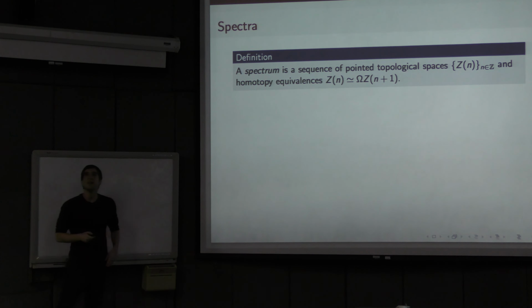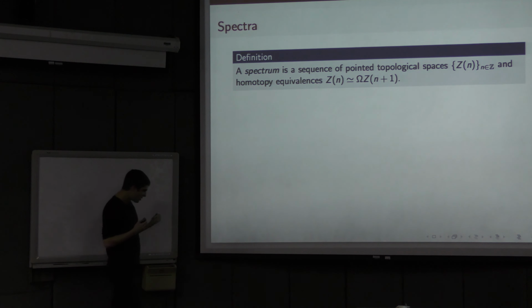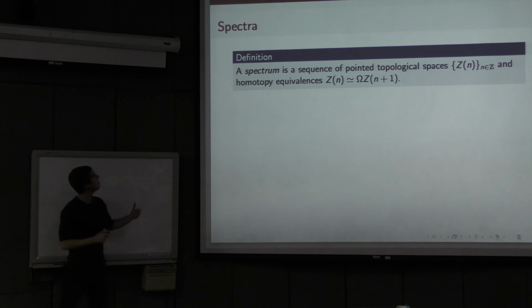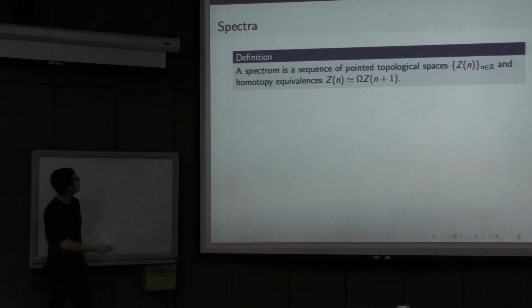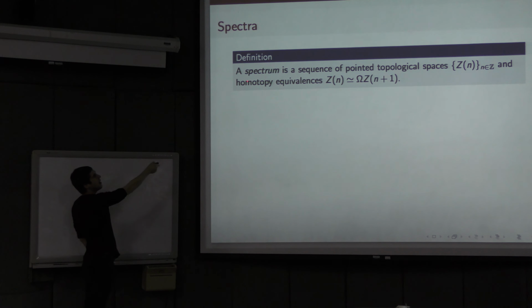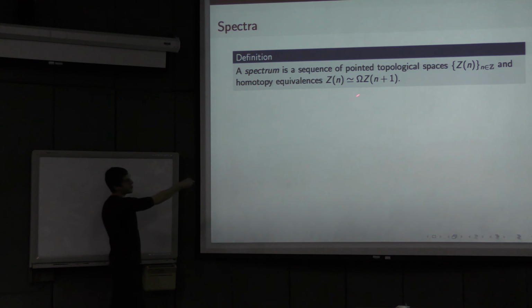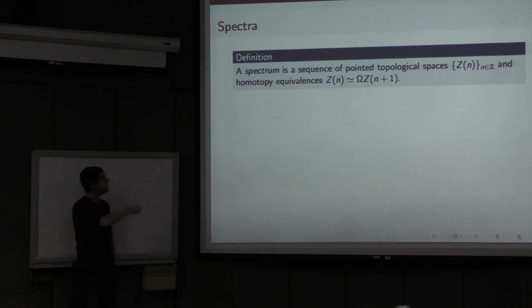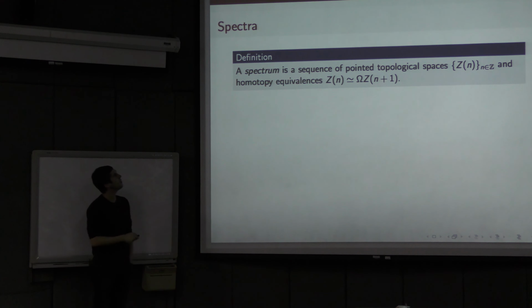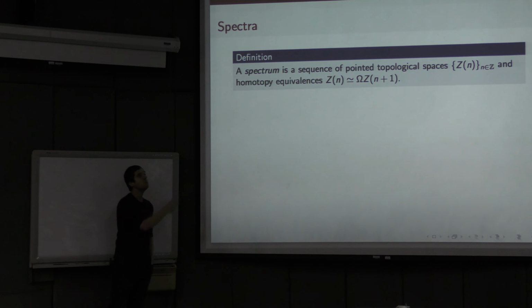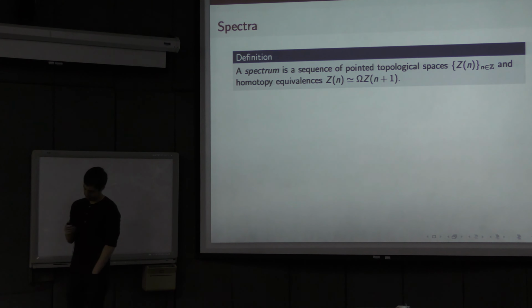So this motivates the foundational definition for the subject of stable homotopy theory. A spectrum is a sequence of pointed topological spaces Zn together with a homotopy equivalence from each Zn to the loop space on Zn+1.